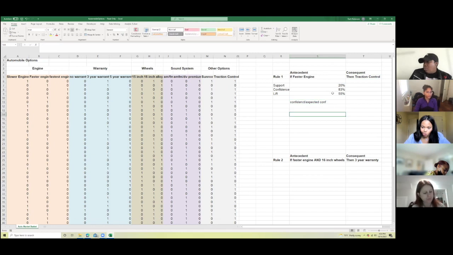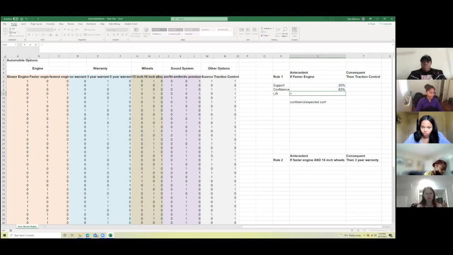So it's a little bit different, but it's very similar. We're going to be using the confidence instead of the support. Sorry, that was my mistake, but it's a different formula, and then I can explain it a little bit more. So the confidence, we're going to use that as the numerator instead of support.